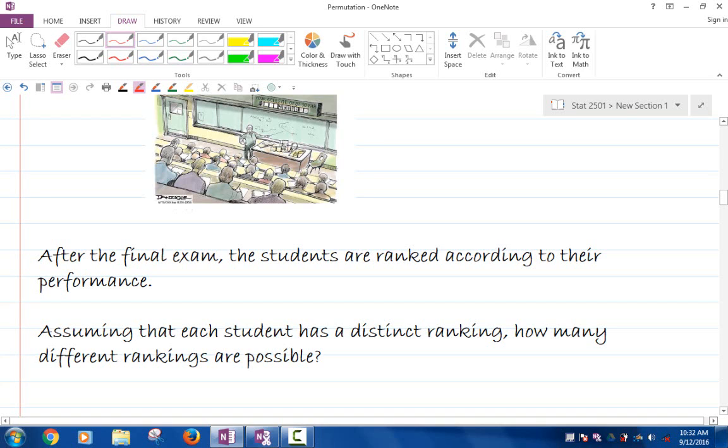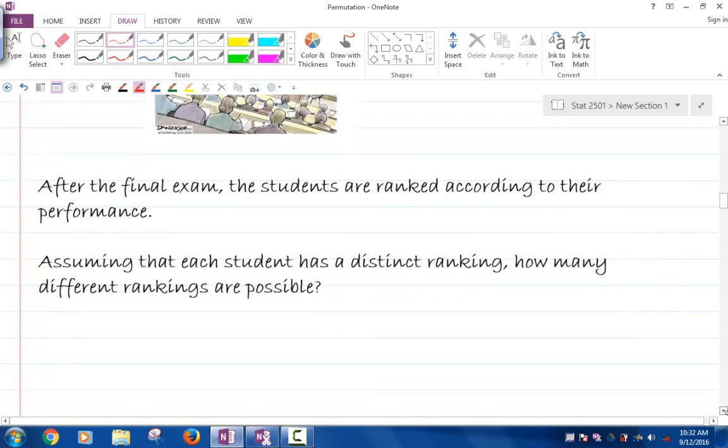Anybody? I'm sorry? Somebody said 26 factorial. Do you guys agree with that? Yeah, so basically we are trying to find an ordered arrangement of the 26 students, right? We'll be arranging the students in order of their rankings. So the answer is the same as the number of ordered arrangements of the students, which is the same as the number of permutations of the students.